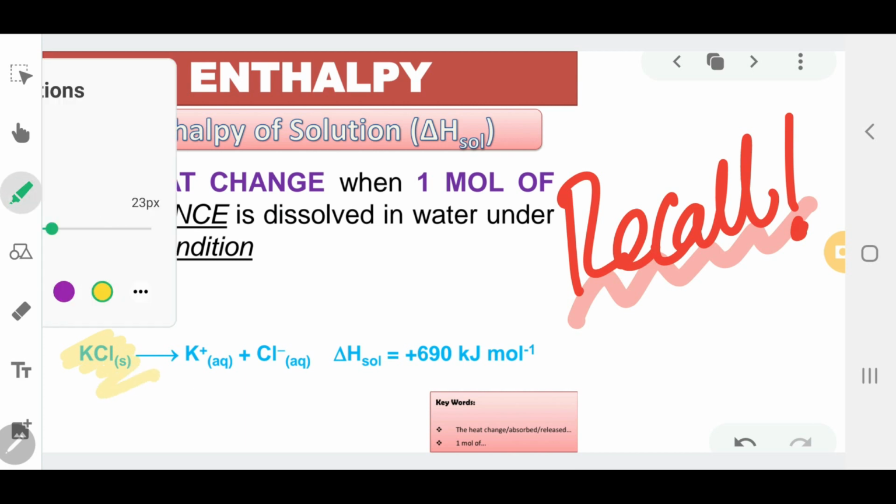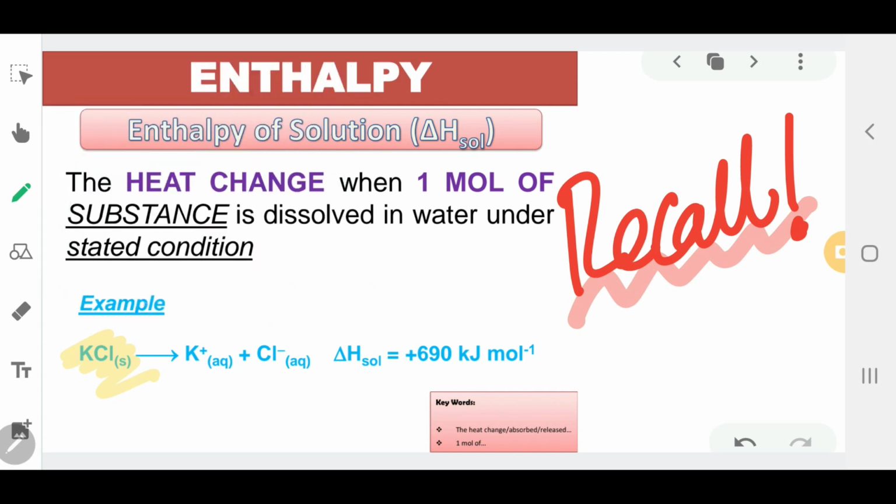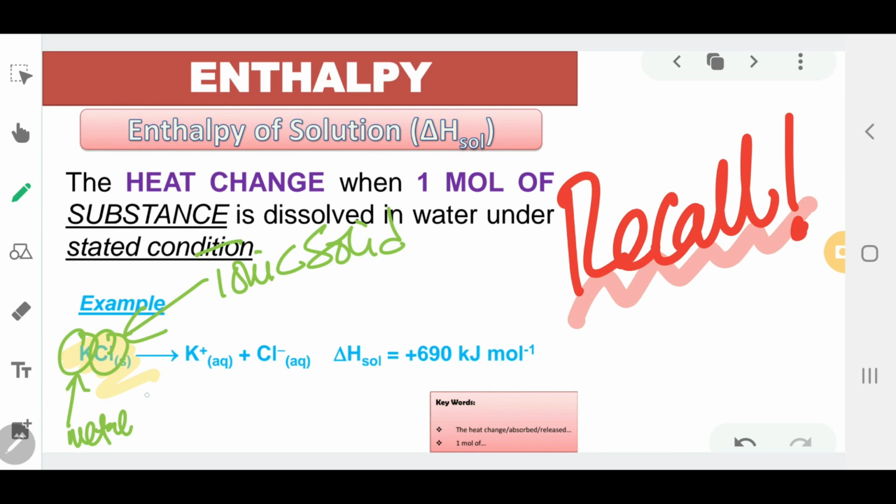KCl solid, and that KCl solid is an ionic solid. Why? You have K, potassium, which is the metal, and chlorine, which is the non-metal.